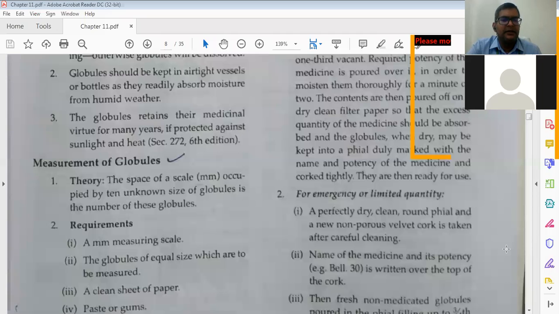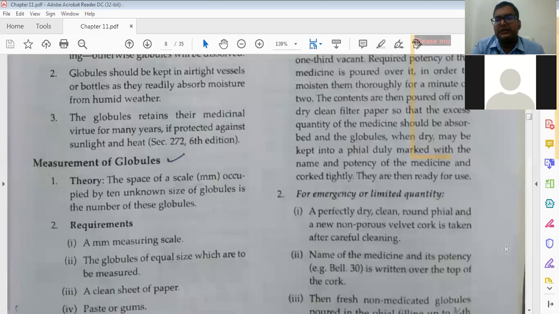Then in theory, what we have to learn first is how to measure the size of globules. Suppose one uniform size of globules is given to you, and you have to measure what size of globule that is.